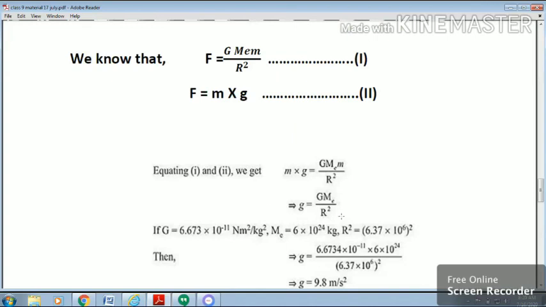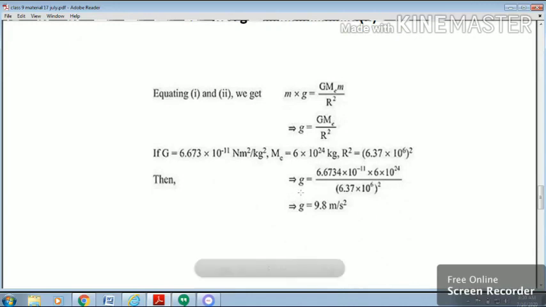This relation they ask many times in exams. So this is the relation between both the g's, acceleration due to gravity and universal gravitational constant. While substituting the values of the mass of the earth, the radius of the earth and universal gravitational constant, we can calculate the value of small g also.